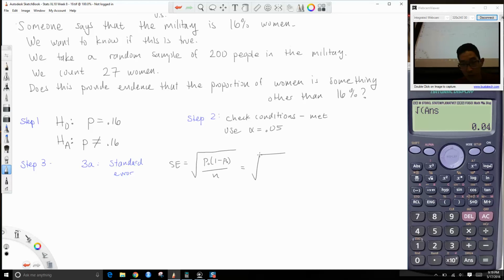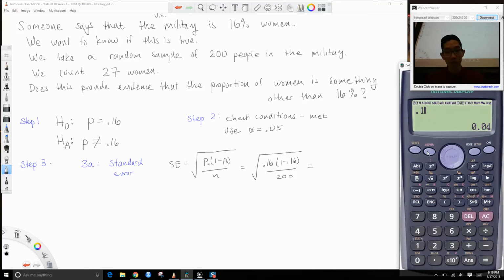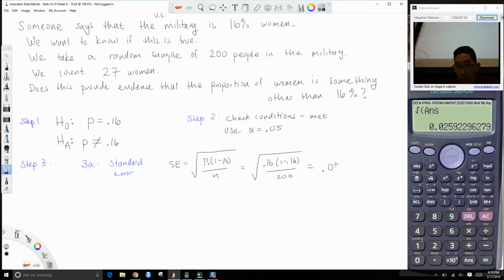So 0.16 times 1 minus 0.16 divided by 200. I take the square root of this, and I get 0.02592. That's our standard error, okay.